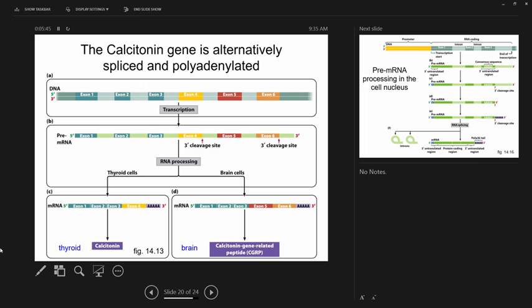This AAUAAA is thrown away here, and then you get exon 5, intron 5 is cut out, exon 6, and then right after exon 6 you get another AAUAAA polyadenylation and cleavage site being used down there, and so that's why you get a longer messenger RNA.